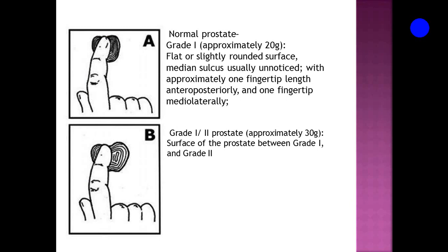Those pictures show some types of grading of benign prostatic hyperplasia. In grade 1, the prostate weighs approximately 20 grams, with a flat or slightly rounded surface when we take the digital rectal exam.